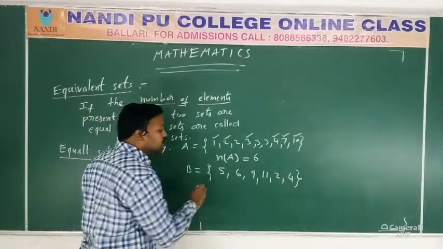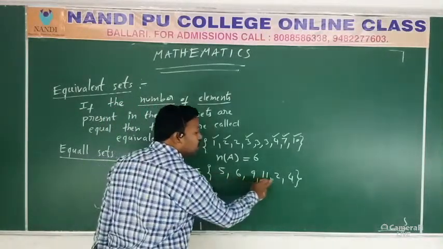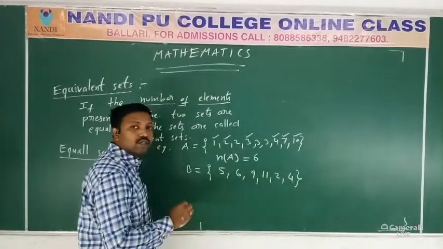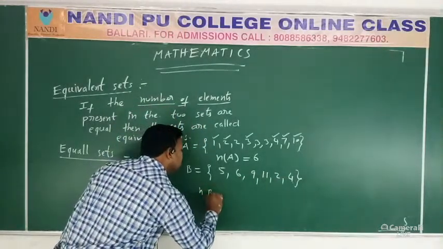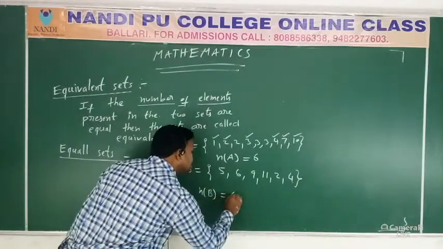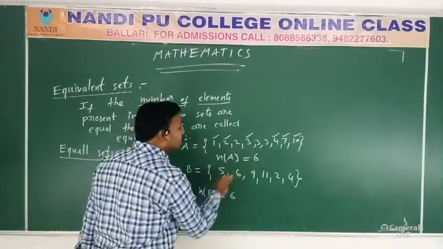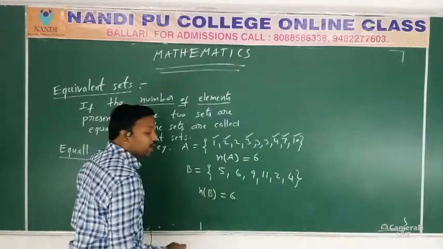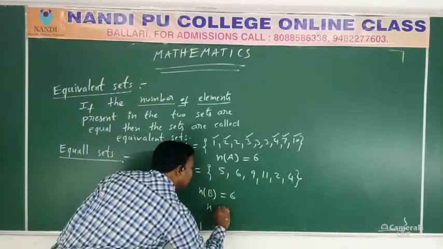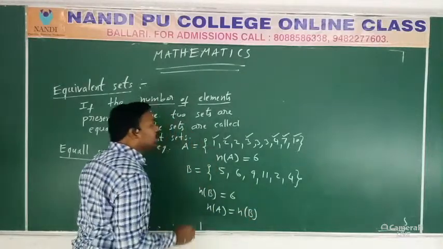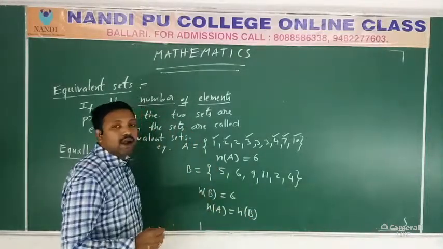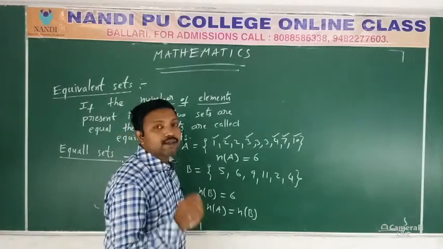Here how many elements are there? 1, 2, 3, 4, 5, 6. Here also there are 6 elements present. So here also n of B is equal to 6. So n of A is equal to n of B. Then A and B are called equivalent sets.